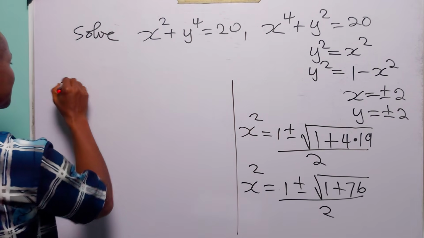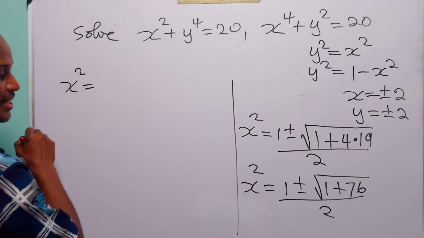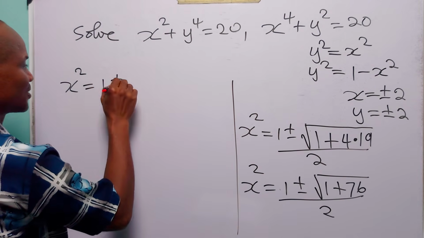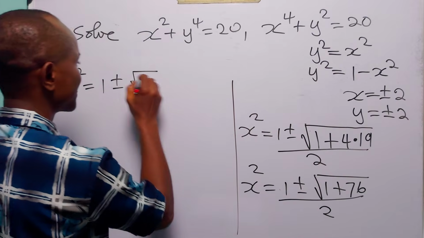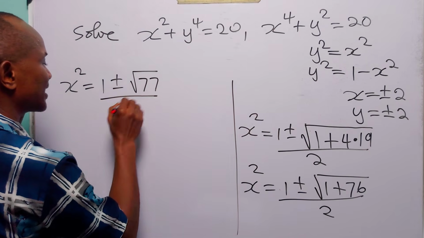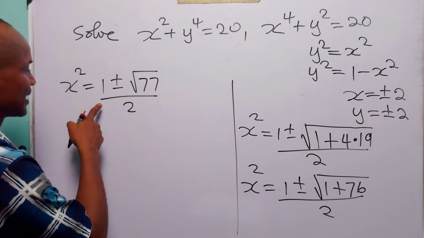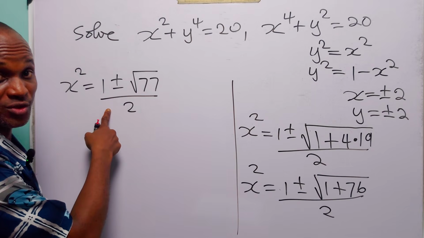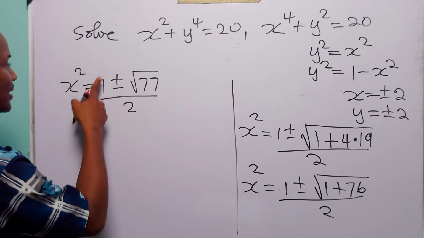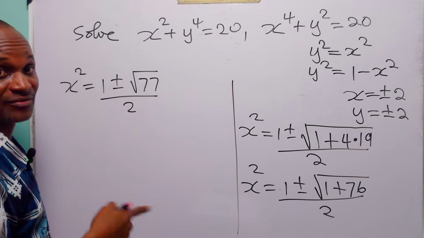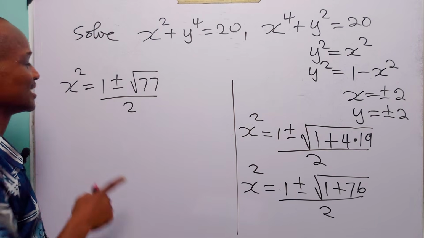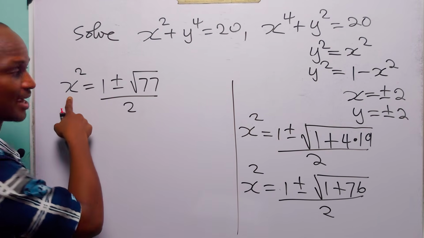And from here we have that x squared is equal to 1 plus or minus the square root of 77 divided by 2. Now, of course, you know that there are two values of x squared here. One is positive, while the other is negative. The negative value is going to yield imaginary values of x.